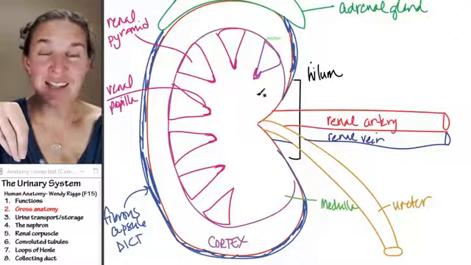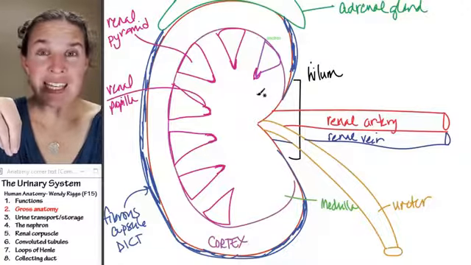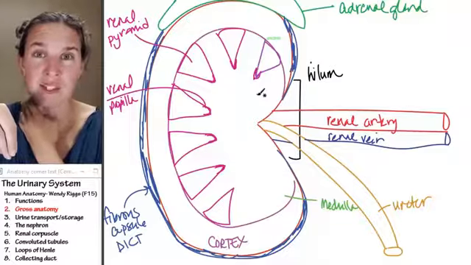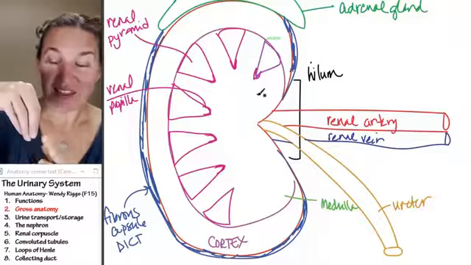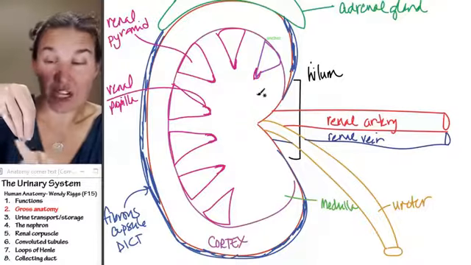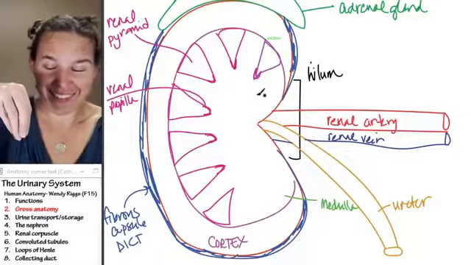So your kidney is making urine, and before it actually is urine, it's like pre-urine. And the fluid that you are producing in your kidney is going to drip out of this little papilla.